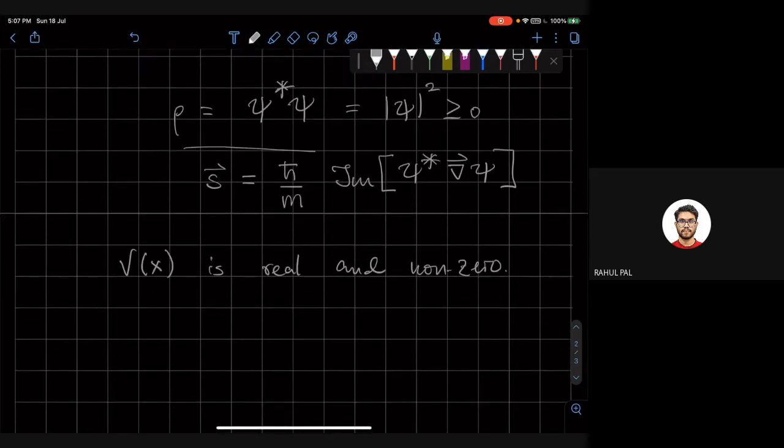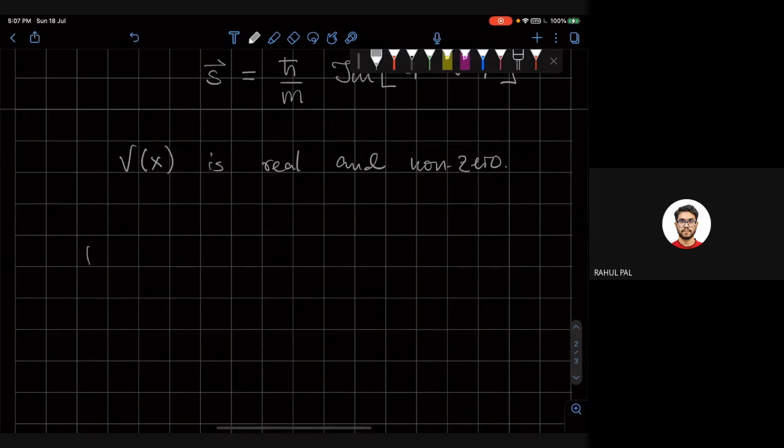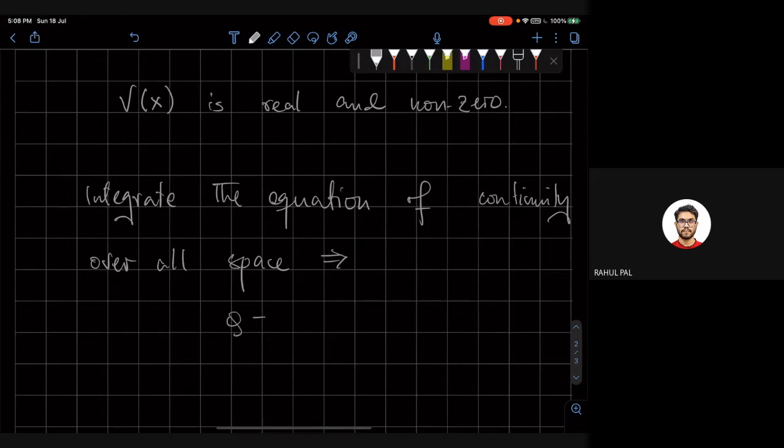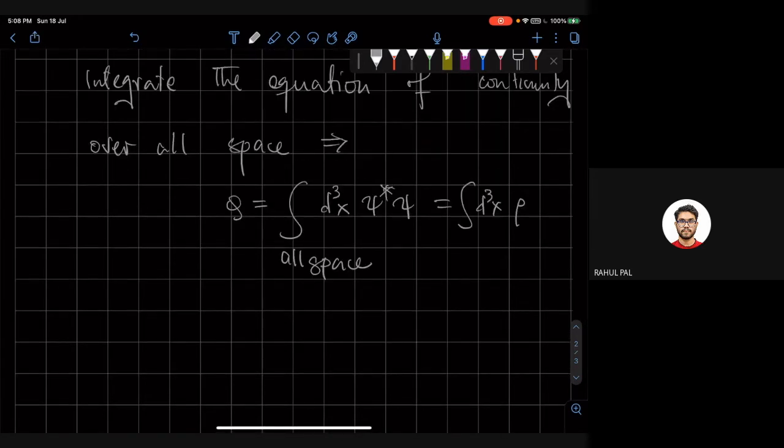Once you have derived that equation, you can integrate the equation of continuity over all space to derive that Q, the integral over all space of the probability density, is a constant of time, that is dQ/dt, the total time derivative, is 0.